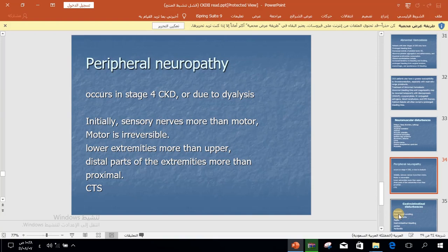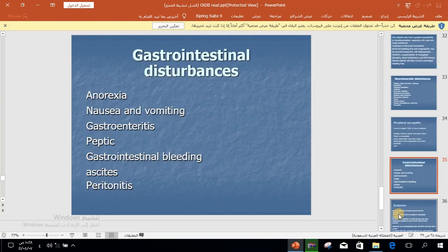Lower extremities are affected more than upper extremities, and the distal part of the extremities more than proximal, like carpal tunnel syndrome. CNS manifestations are usually one of the indications for urgent dialysis, especially any cognitive function impairment, convulsion or asterixis.